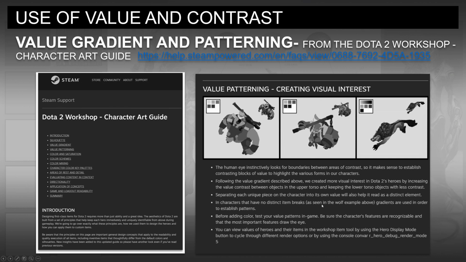You can read this for yourself, but the basic idea is that if you have parts separated out by various tones and value, the contrast between this arm and this part here makes that just stand out as a shape. I do believe in their game, they're also trying to draw more attention towards the top. So if they had a little bit more lighter tones on some of the things, that could draw your eye up towards the top as well.